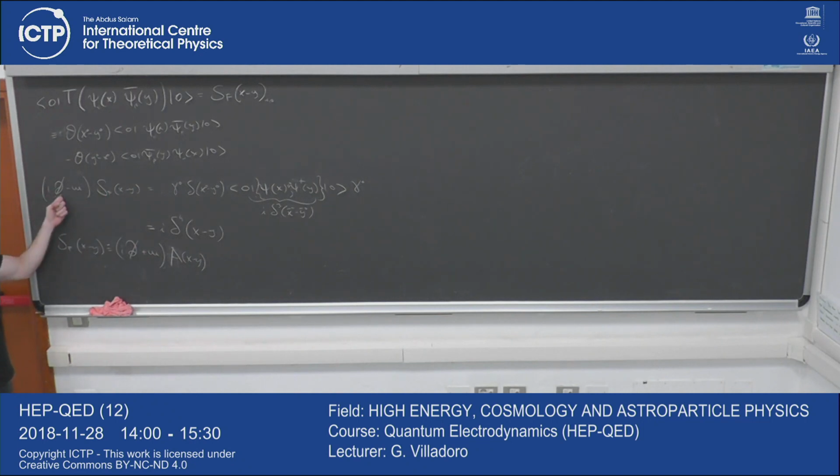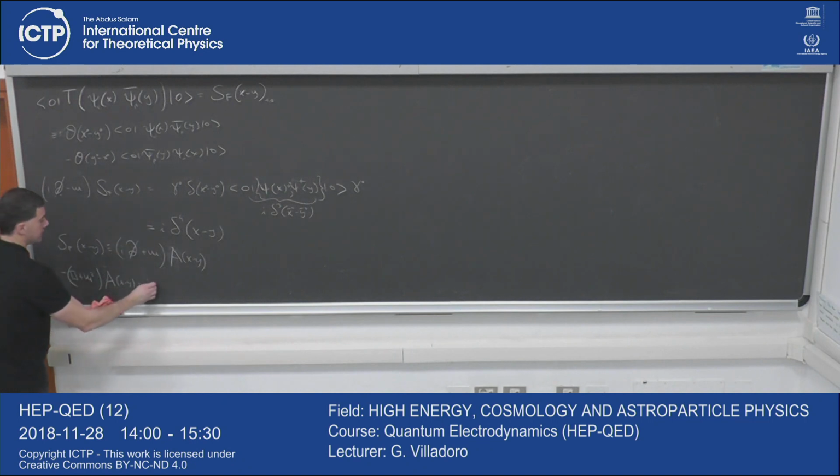Now you see that i the slash minus m times i the slash plus m gives you minus box plus m squared applied to A, equal to i delta 4 of x minus y.